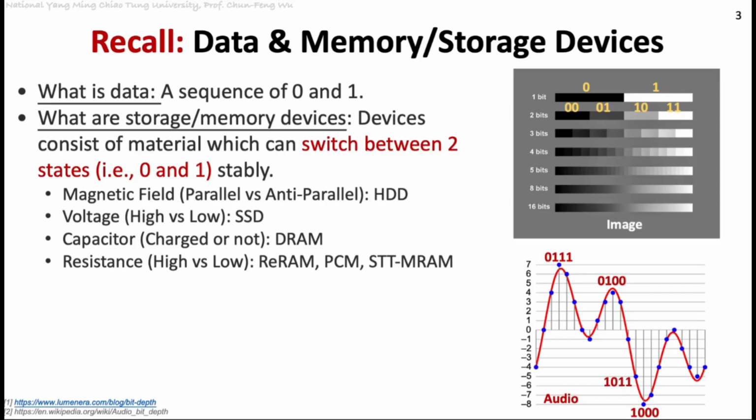If it is a high voltage, maybe it is 0, and if it is a low voltage, maybe it is 1. Same as DRAM, we use a capacitor. If the capacitor is charged, it means 0, and if the capacitor is empty, then it represents data bit 1. Okay, so there are a lot of different kinds of memory and storage devices, and they follow a very similar idea here.